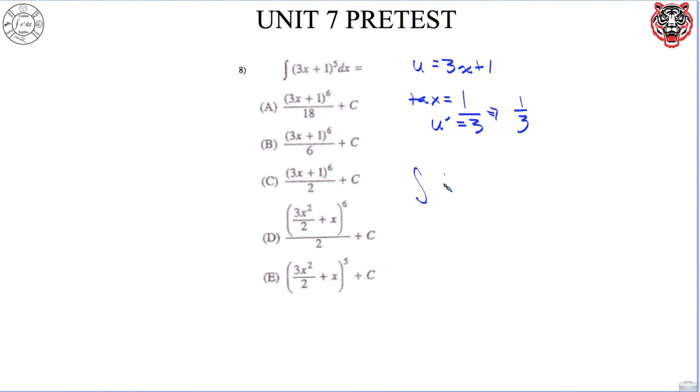That's going to be 1/3 times the integral of 3x plus 1 to the power of 5 dx. Then I take the integral, so I have 1/3, and then this is going to be 3x plus 1 to the power of 6 divided by 6, and that's going to be 1/18. Answer is A.